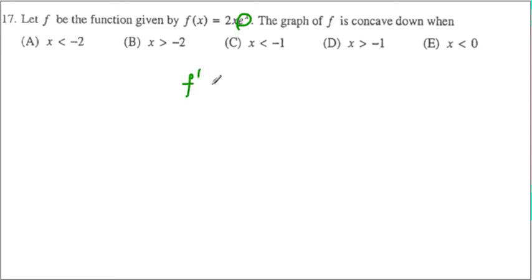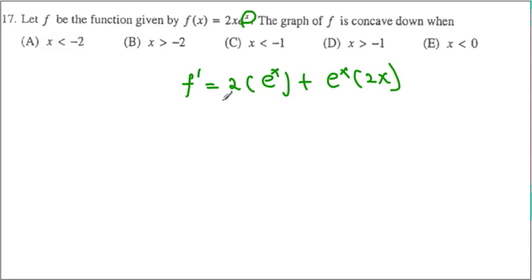So first derivative becomes 2 times e to the x, okay, plus e to the x times 2x. That's basically what we end up getting.